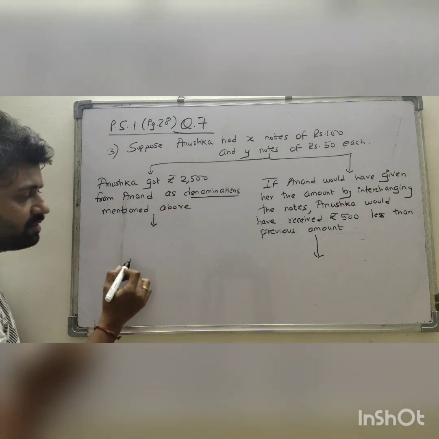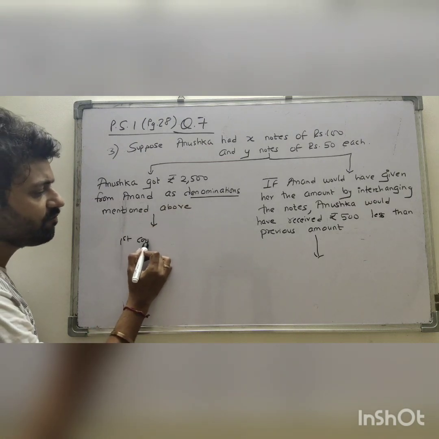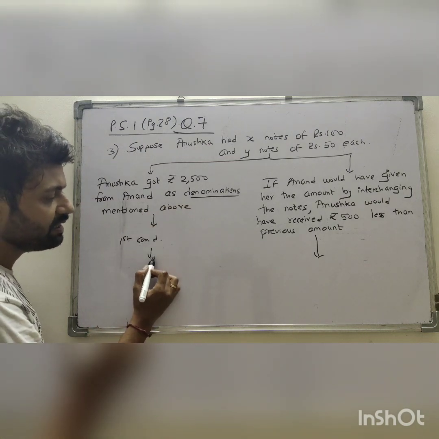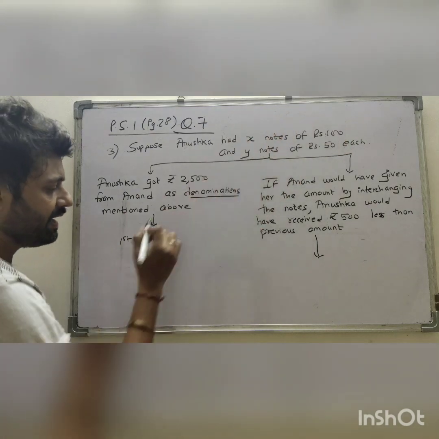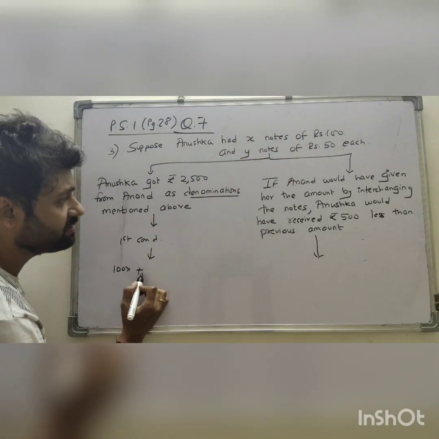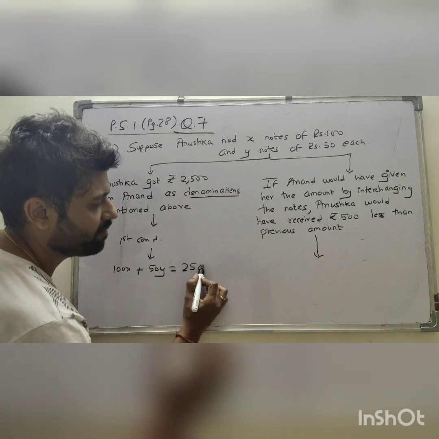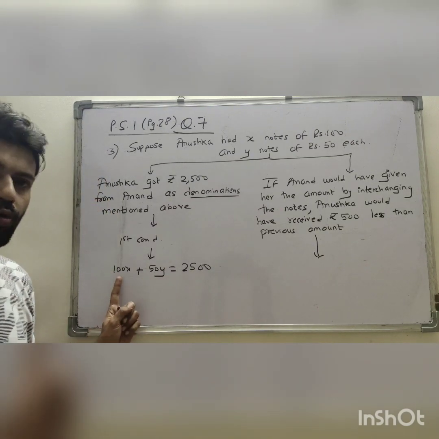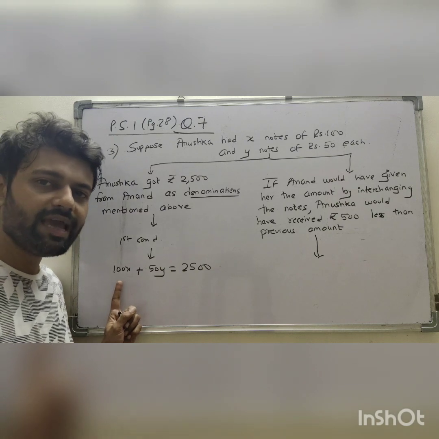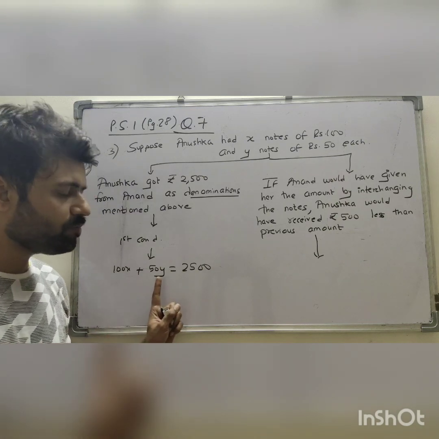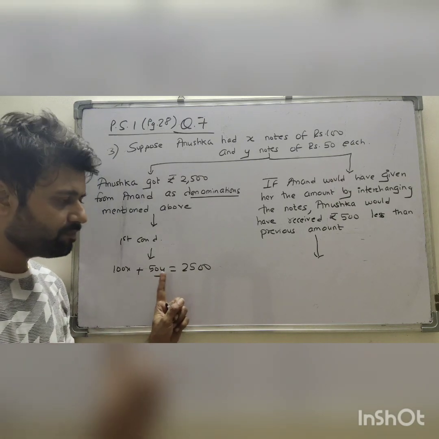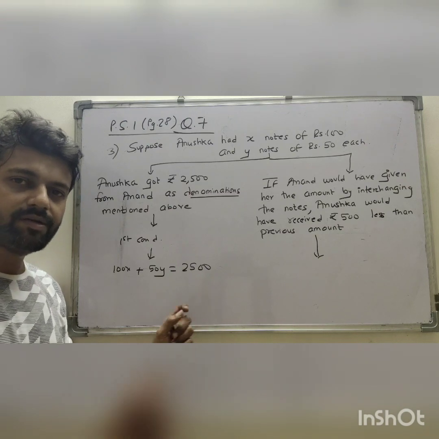According to the first condition, the equation becomes 100x plus 50y is equal to 2500. 100 रुपए की 2 नोट 3 नोट 4 नोट नहीं x नोट्स मतलब इंटू x, 50 रुपीस की y नोट्स मतलब इंटू y, total is 2500.